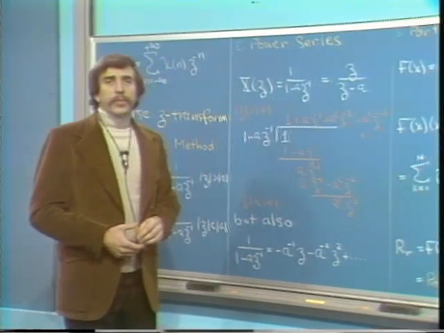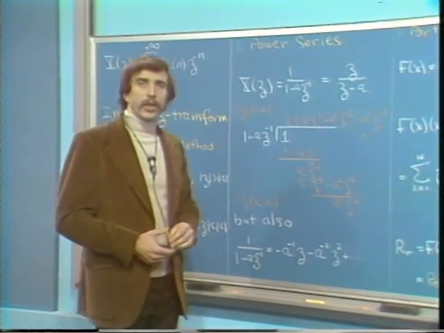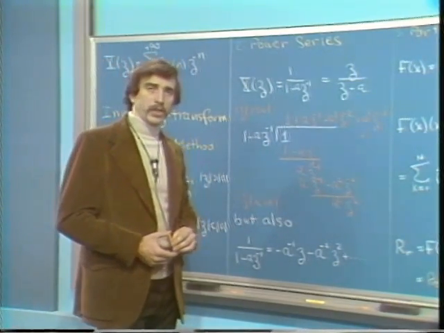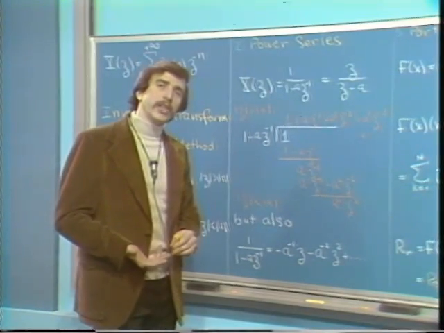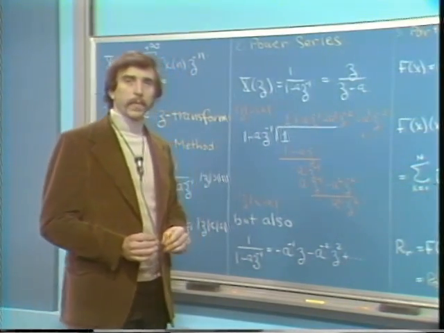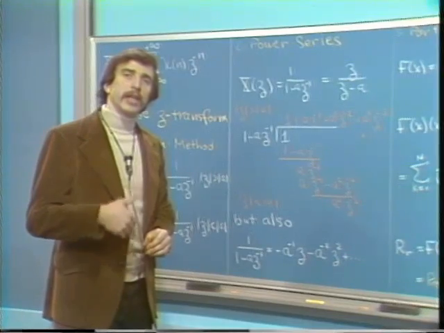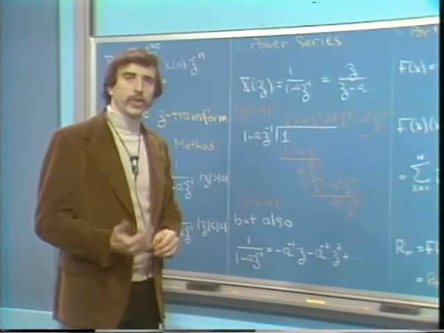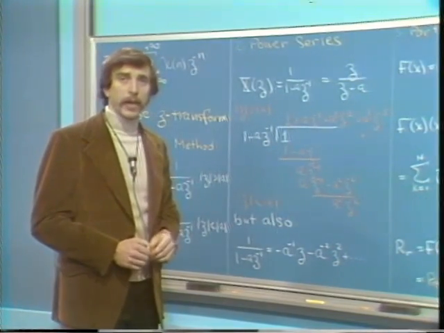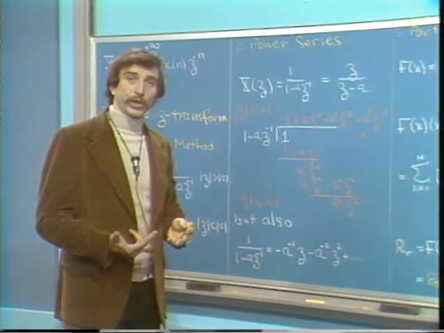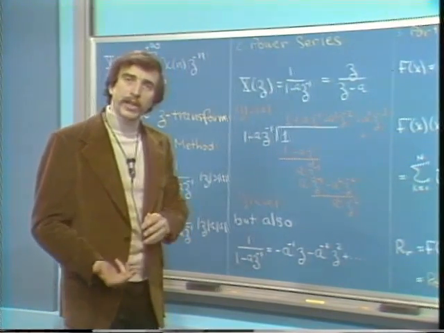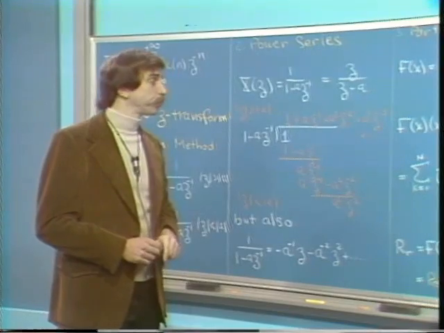All right, a third method for generating the inverse Z transform is basically an extension of the inspection method, which allows us to take a more complicated Z transform expression and expand it out in terms of terms that we can recognize by inspection.